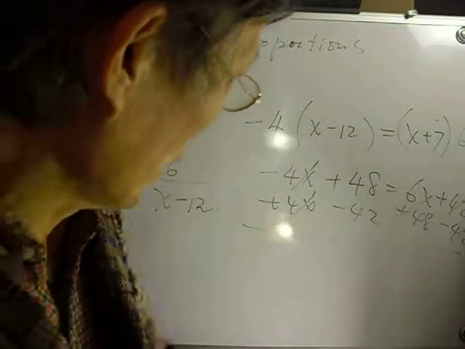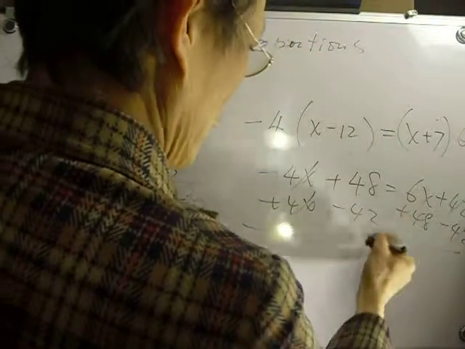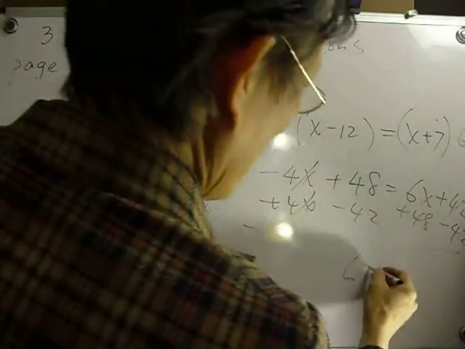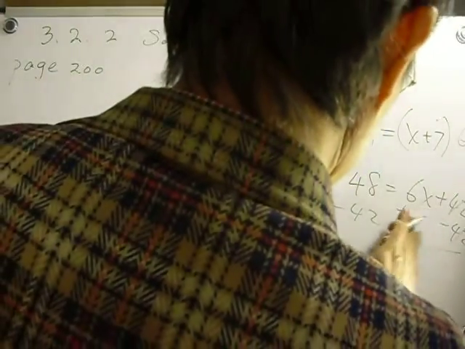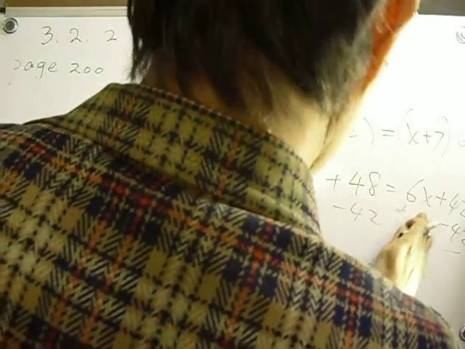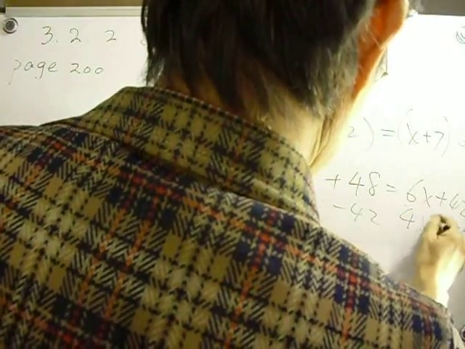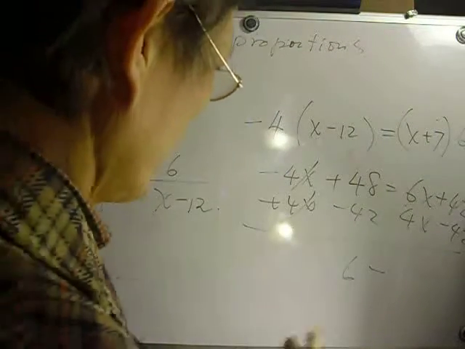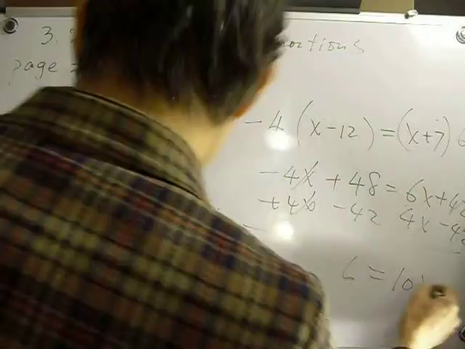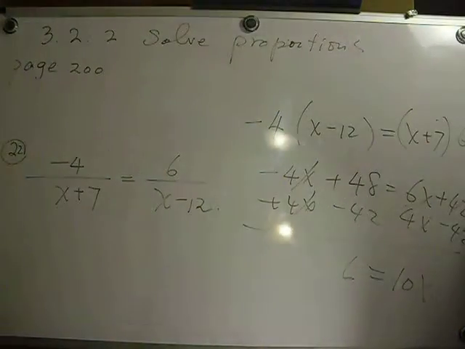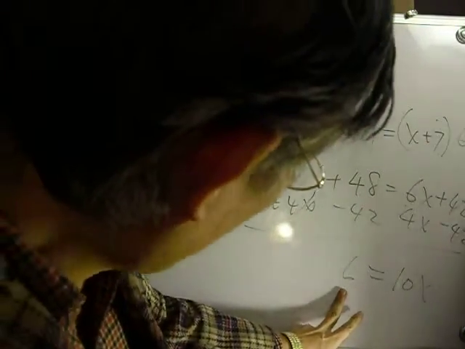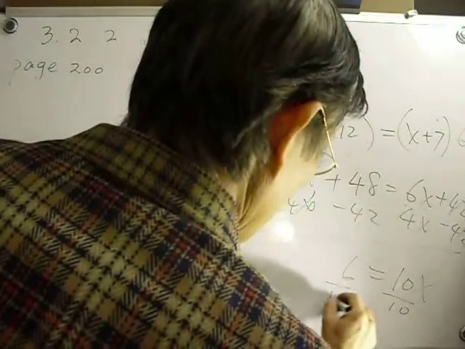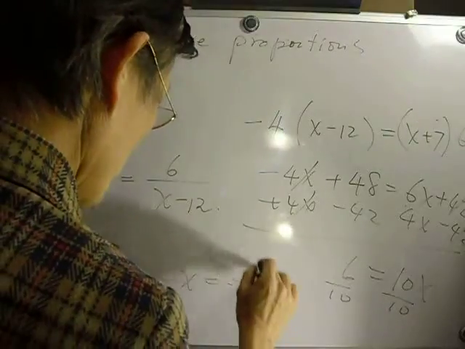So only two terms are left: 48 subtract 42, that's 6, and adding 4x gives 10x. Next step, how do you solve for x? You divide by 10, so x equals 6/10.